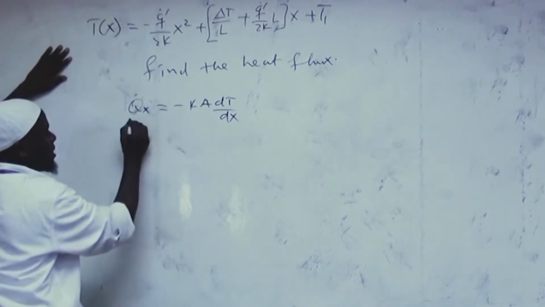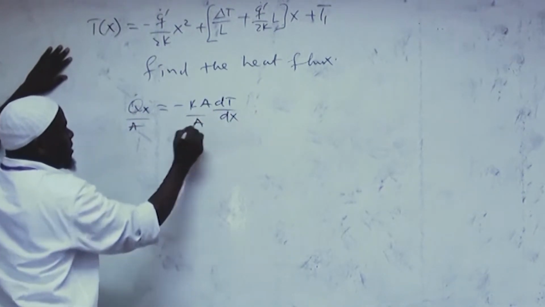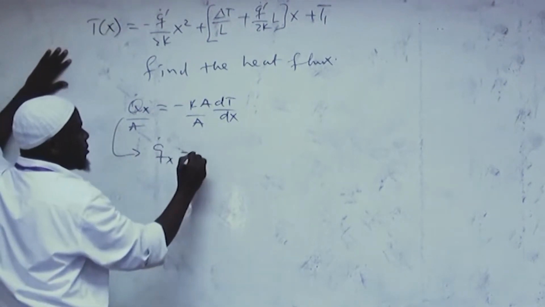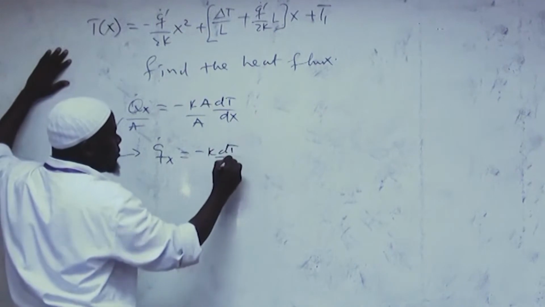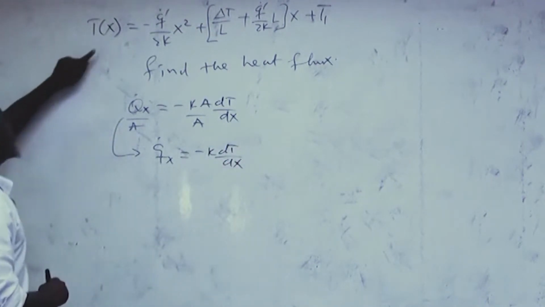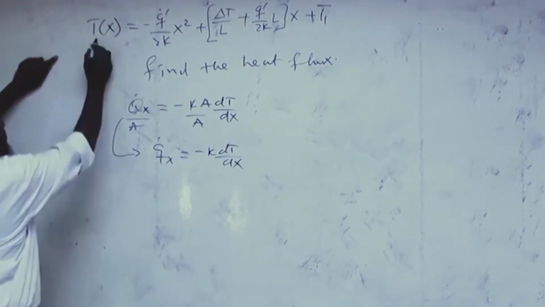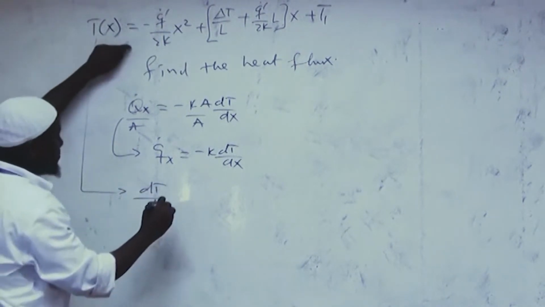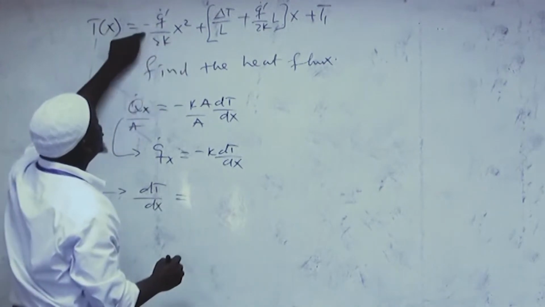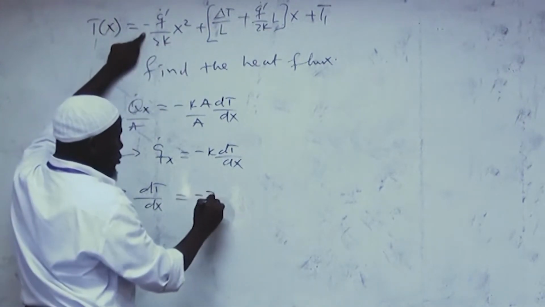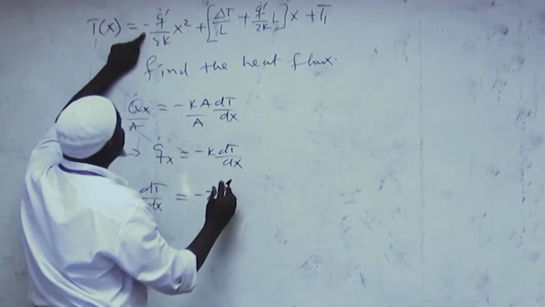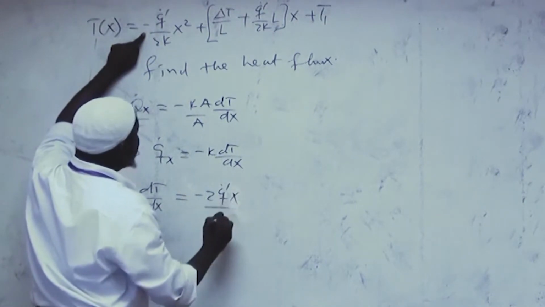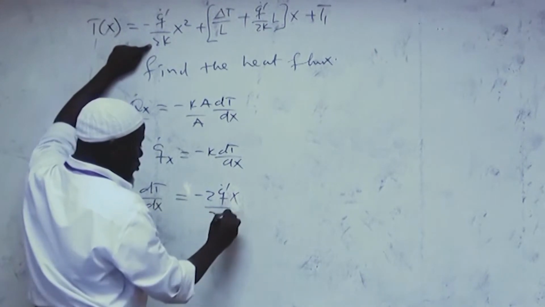So heat flux, I divide it by area, and this becomes small q equals minus k dT over dx. So I'm going to differentiate this function. dT over dx of this function is minus 2qx divided by 2k.